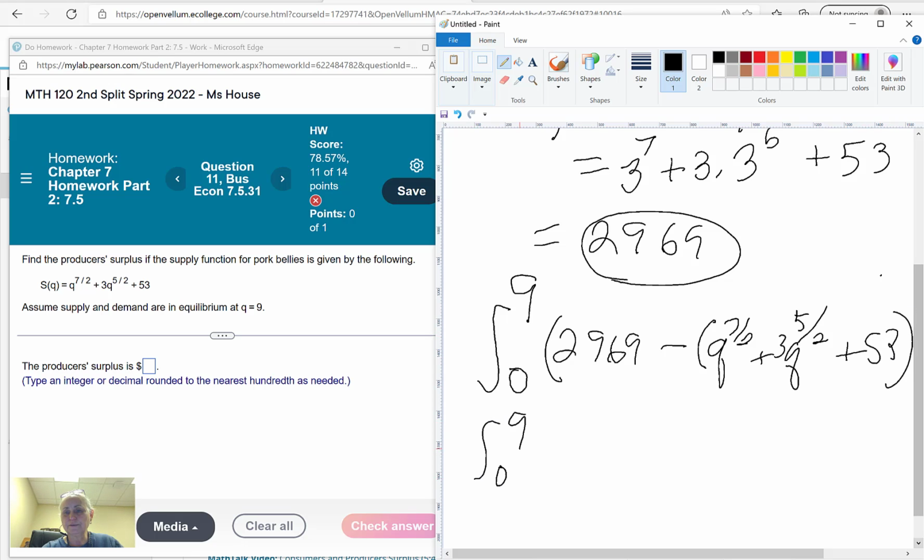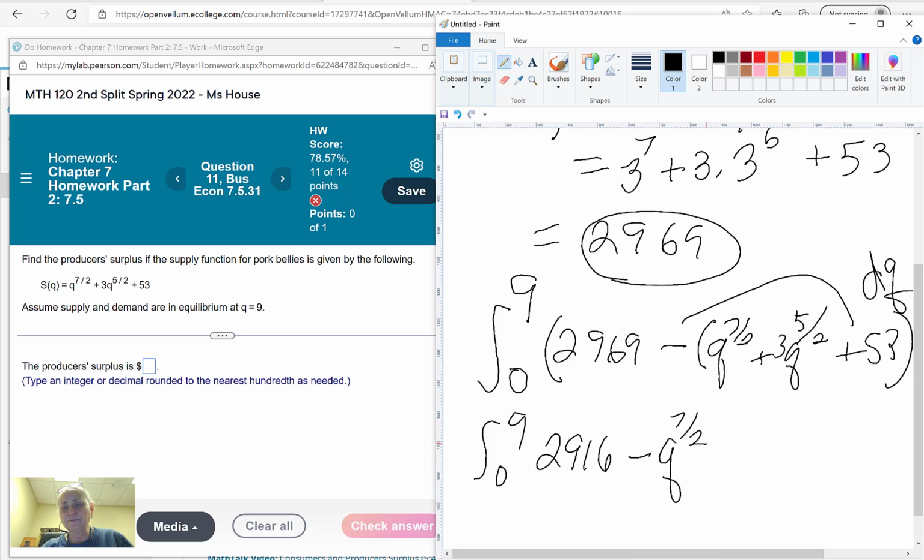Oh, and don't forget dQ. You need your differential there. We're going backwards here. So I'm going to do 2969 minus 53, which gives me 2916 minus Q to the 7/2 minus 3Q to the 5/2, and all of that times dQ.